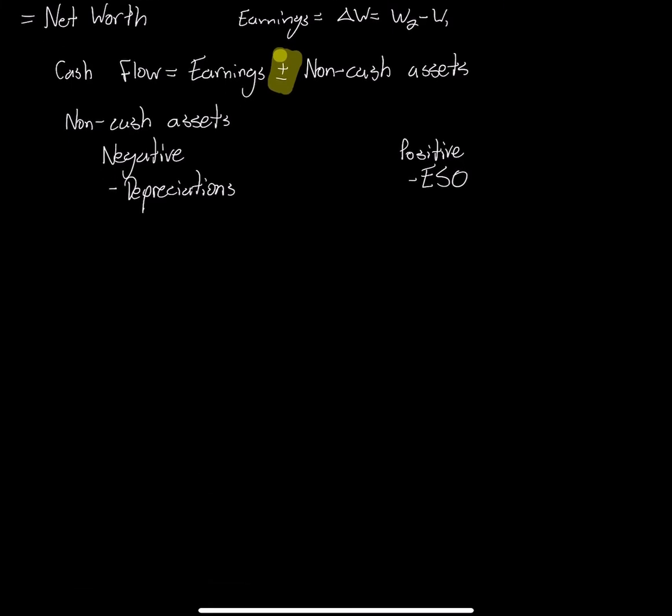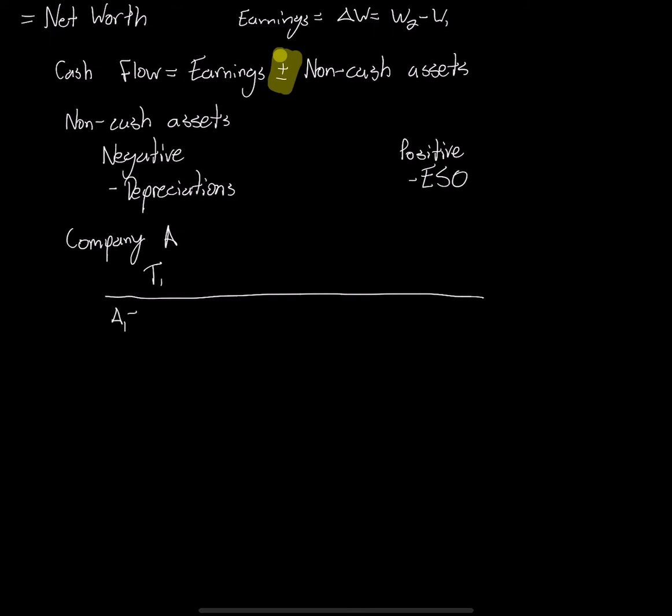So say we have a company A, and at T1 it has $100 worth of assets in the value of a factory and $0 in liability. At T2, let's say this factory loses $5 of worth.